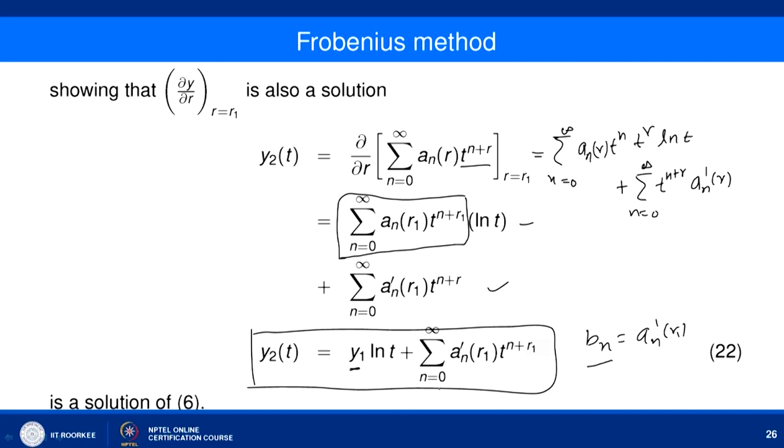So, in equal roots we have the second solution given by y2 t, and the general solution we can find using y1 and y2. In the next class we will discuss an example based on this and the other case, that is when r1 and r2 differ by an integer. So, in the next class we will continue this lecture. Thank you very much for listening to us.